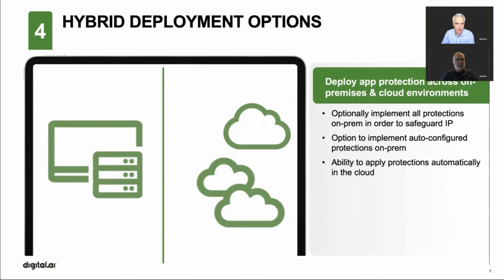You can implement all of these protections, including customized protections, on premises. You can choose to auto-configure your protections on premises, as I mentioned earlier in the previous slide, or you can choose to have some protections added for you through deployment in the cloud.